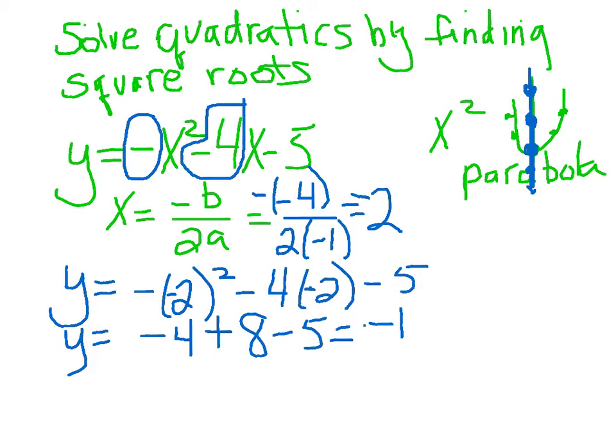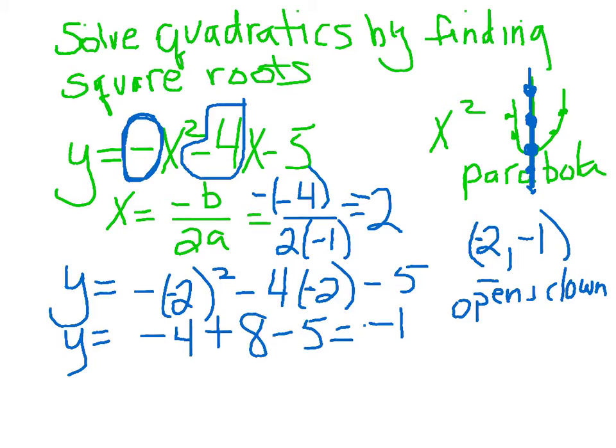Okay, that means our vertex is at the point -2, -1. Our line of symmetry is x equals -2, and it opens down because my A value is negative.